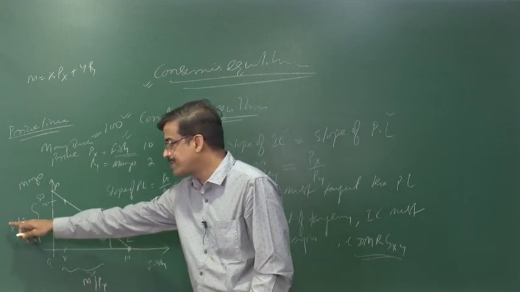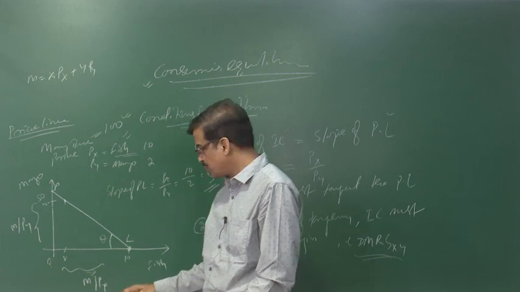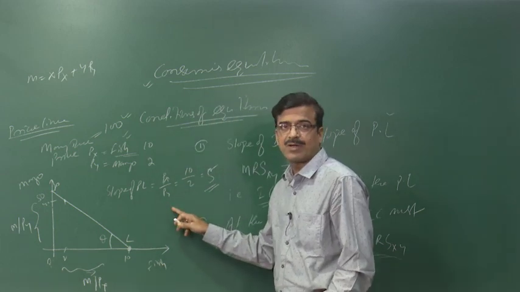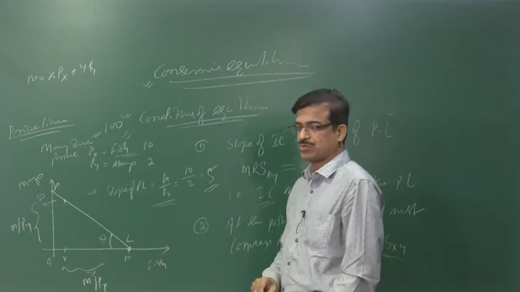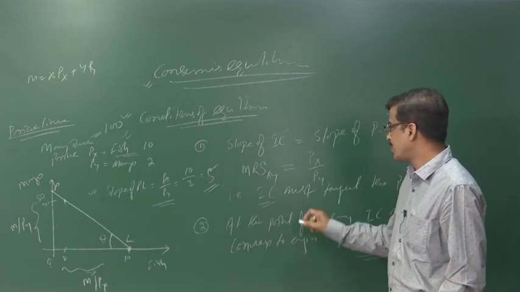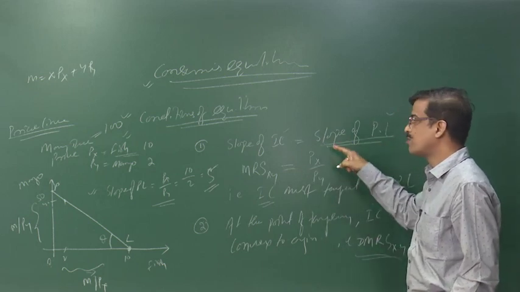Perpendicular divided by base means m upon py divided by m upon px. Then m and m cancel out, and we get px upon py. So the slope of the price line is nothing but the price ratio. This is the slope of the price line, and we will consider the slope of the price line.